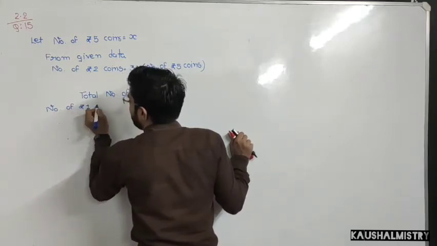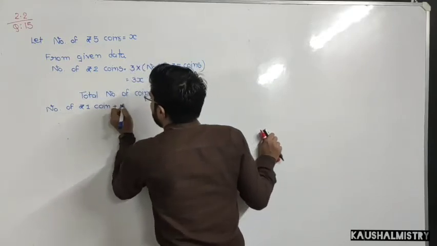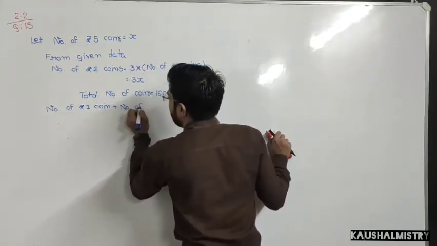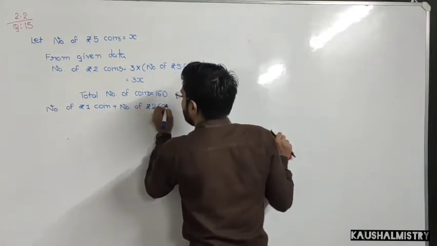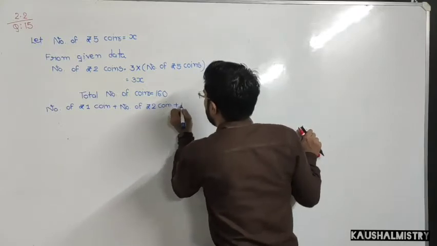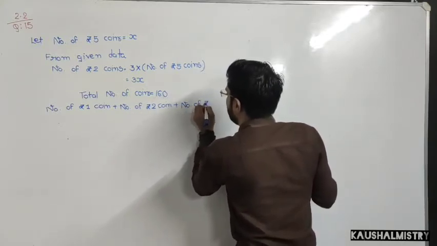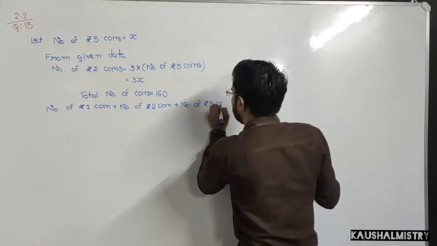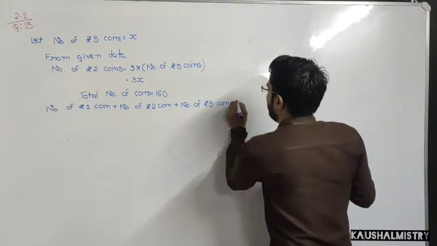That means number of rupee 1 coin plus number of rupees 2 coin plus number of rupees 5 coin, that is equal to 160.